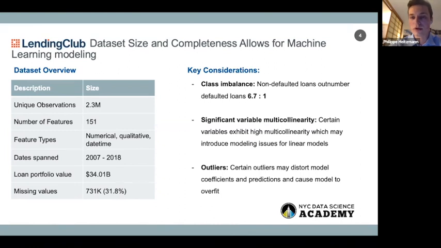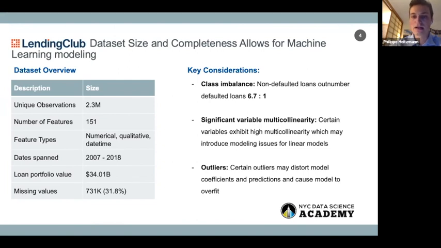This is important when training your machine learning models, in order to make sure that your model is prioritizing classifying correctly the loans that are going to default, as well as the ones that are not going to default. So that's key consideration number one.